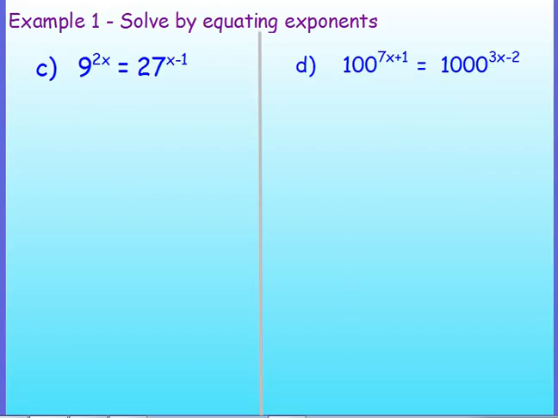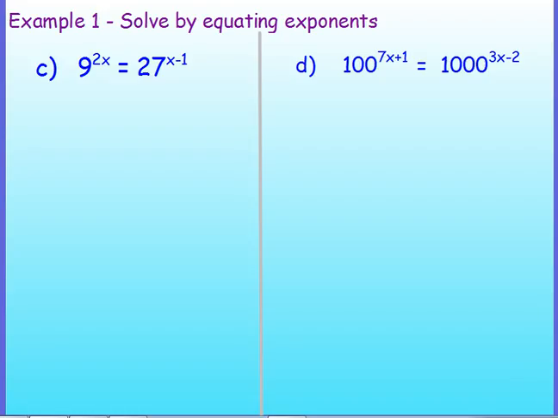So let's kick it up a little notch. Say we had something like this: 9 to the 2x power equals 27 to the x minus 1 power. Is there a problem here with this one? Good. So Tiana said, look, I can't make 27 a base 9, right?